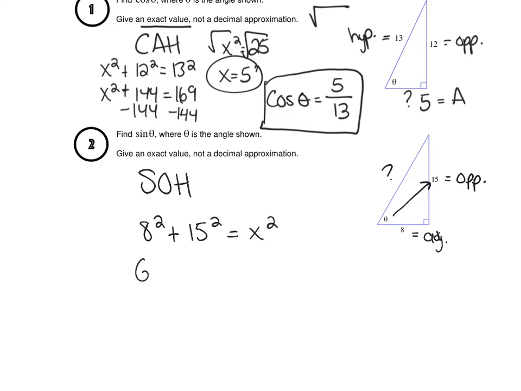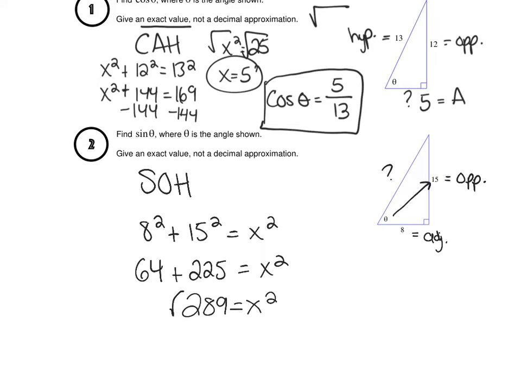So 8 squared is 64. 15 squared is 225. And that's equal to x squared. So if we add those together, 225 and 64 make 289, which is equal to x squared. And if you square root 289, you get 17.